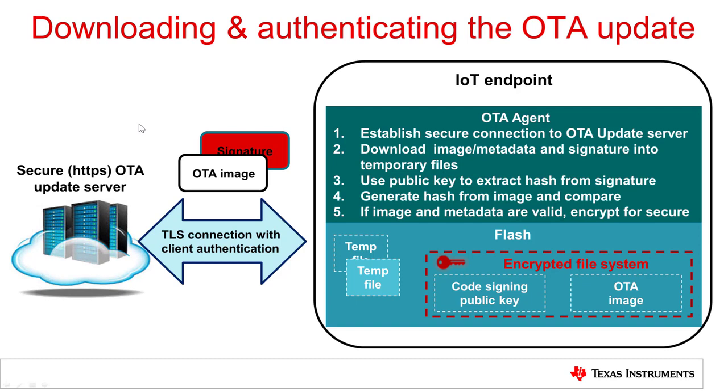If these match, it knows the image is valid. At that point, it will check any metadata such as version numbers, and if the version number of the downloaded image is later than the one that's already on the IoT endpoint device, it knows it can safely upgrade and is not suffering from a downgrade attack.